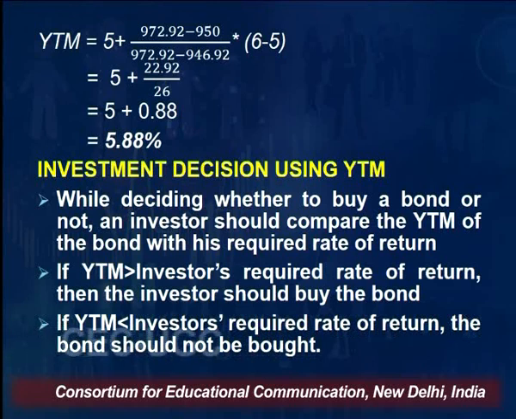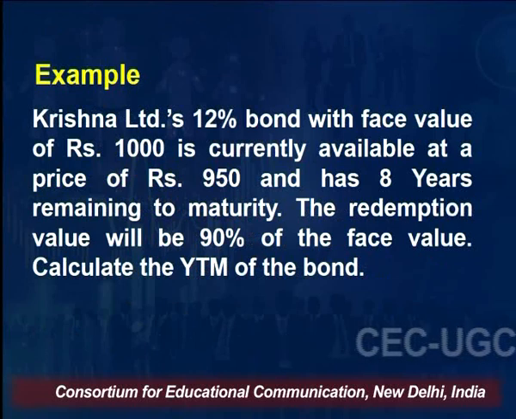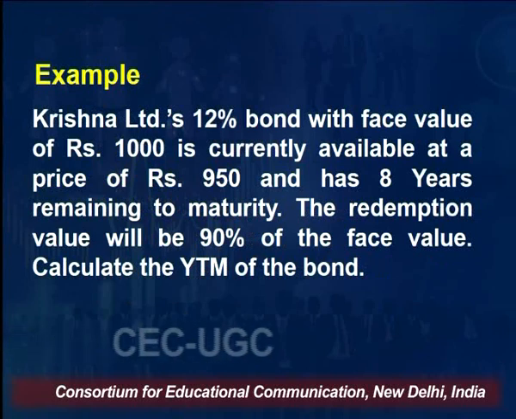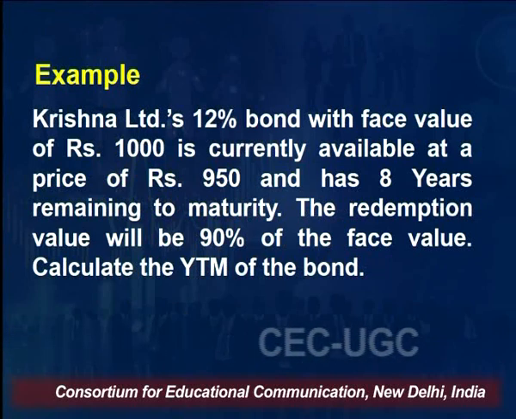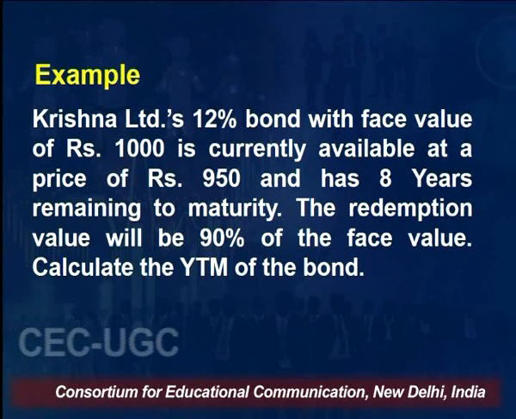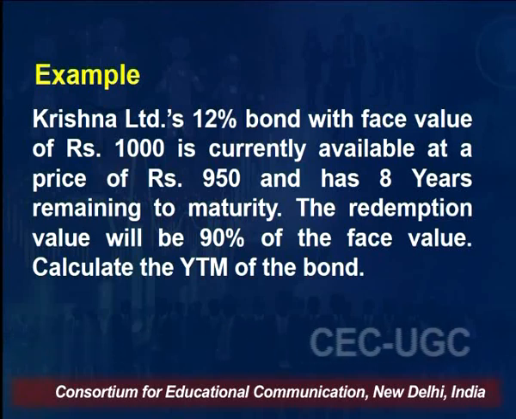So after talking of these things, let me take an example with the help of which we'll find out how we calculate the YTM. I have taken an example: Krishna Limited purchases a 12% bond with face value of rupees 1000, currently available at a price of rupees 950, and has 8 years remaining to maturity.